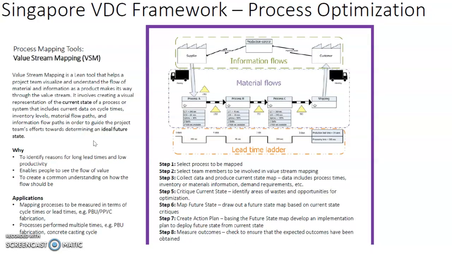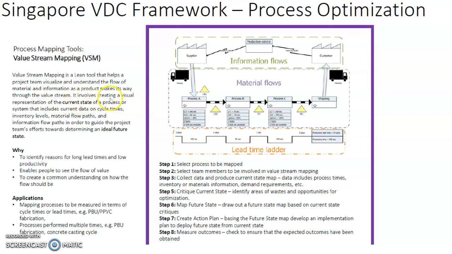Besides the swim lane diagram and the flowchart, we can also use the value stream mapping as a process mapping tool. The value stream mapping is a lean tool that helps a project team to visualize and understand the flow of materials and information as a product makes its way through the different steps within the value stream.